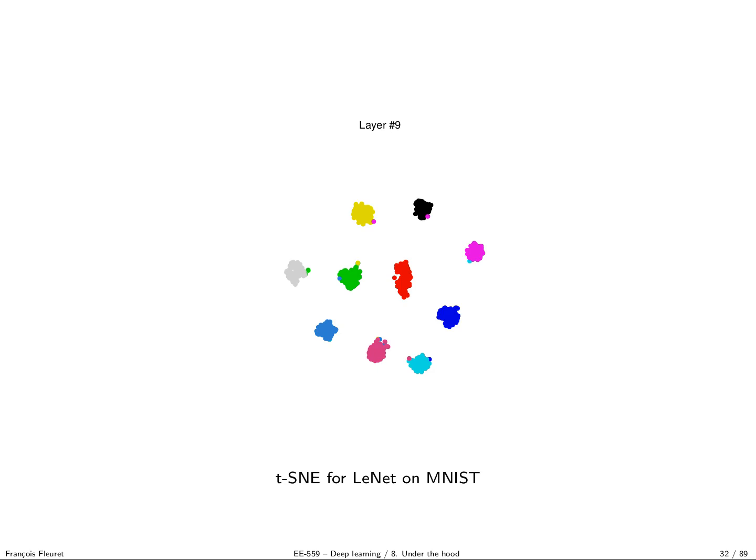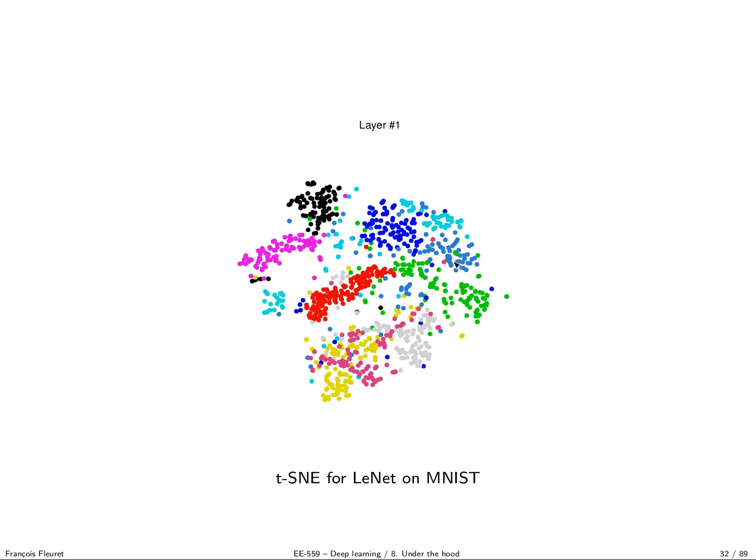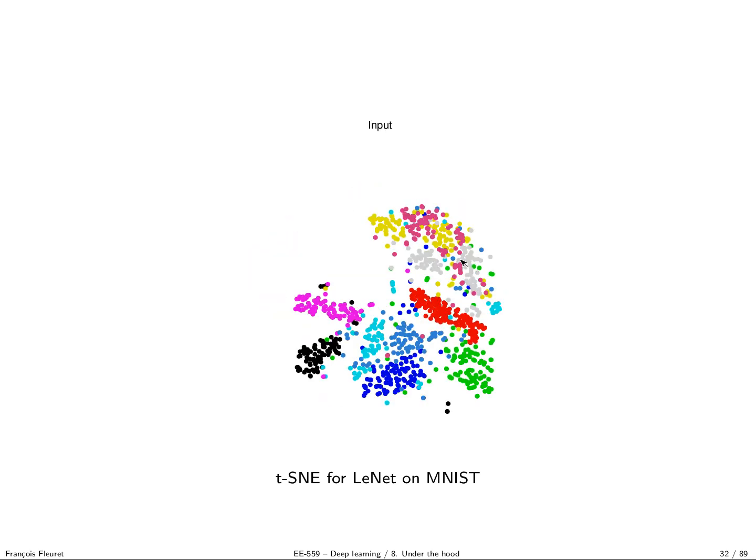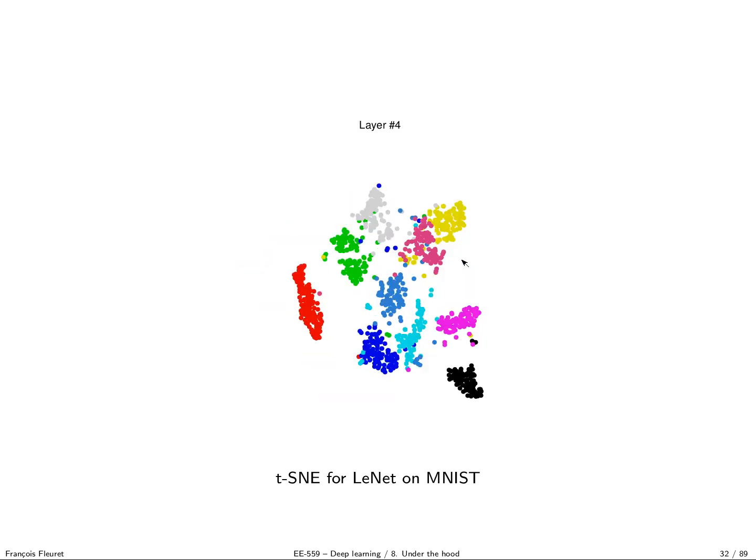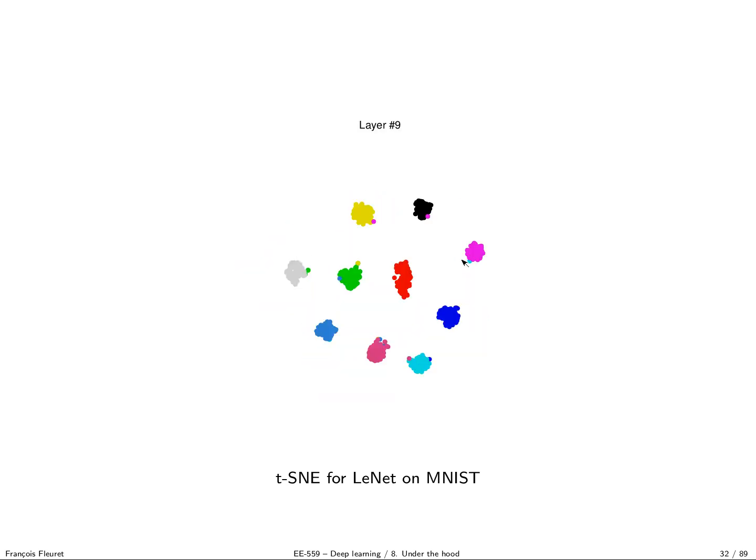So this is basically where we make the decision. So it's just to show, again, we can go through the layers, original data, first layer, fourth, seventh, and ninth. And we see that the network has untangled the populations. So it has successively pushed every class from each other so that in the end, when you reach the last layer, the decision is quite easy to make.